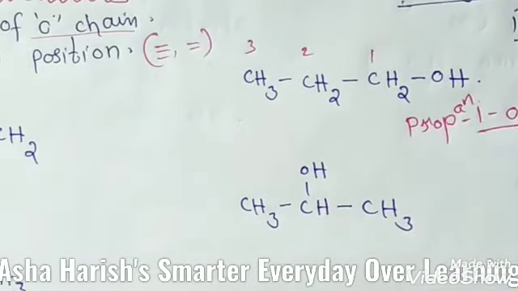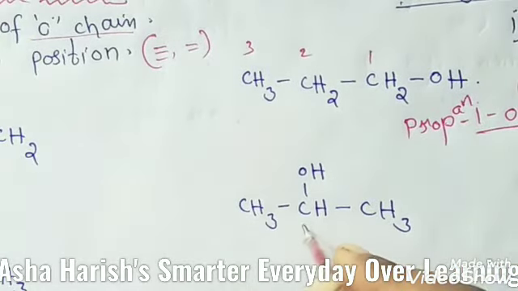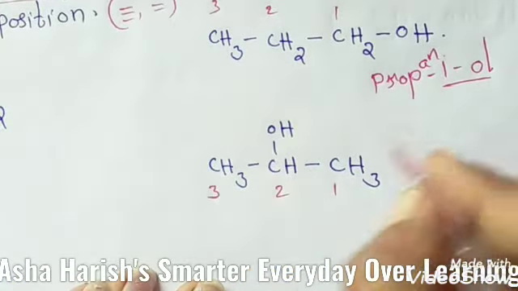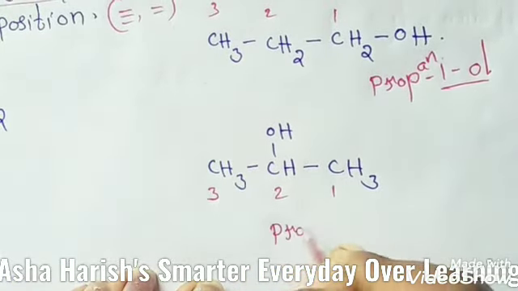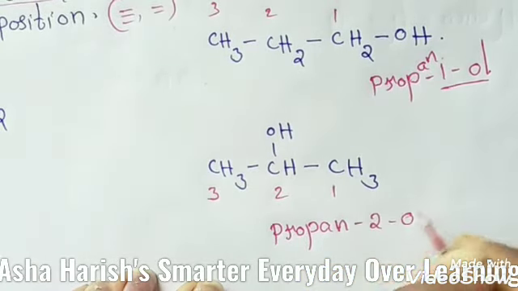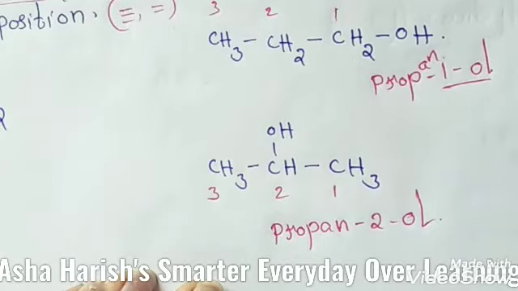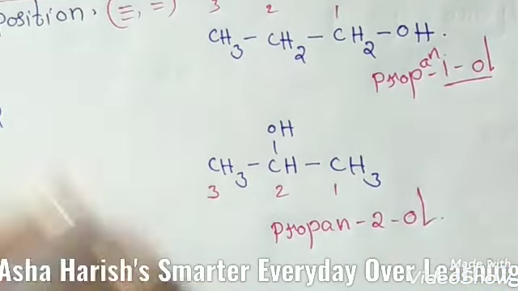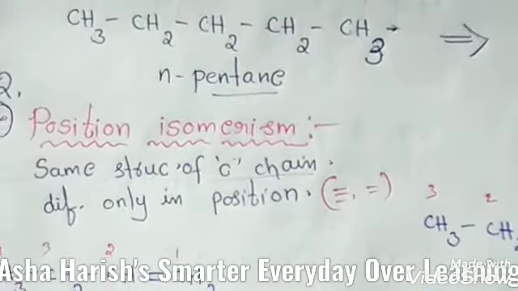And here, same students, see, at this second carbon, 1, 2, 3, like this, same structure, then propan-2-ol. This is also an example of position isomerism, right? This is about the second type.